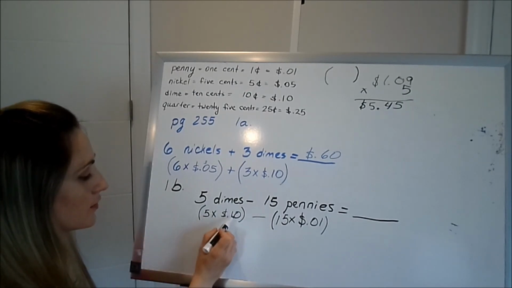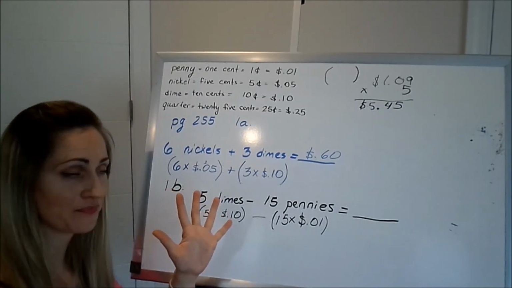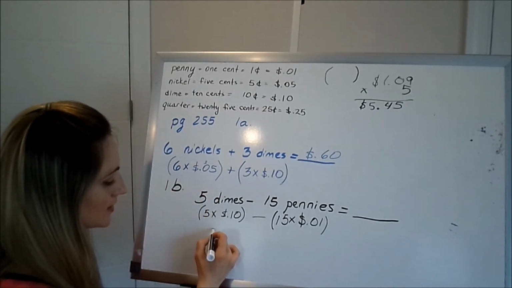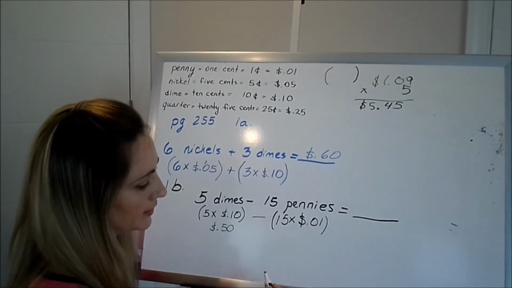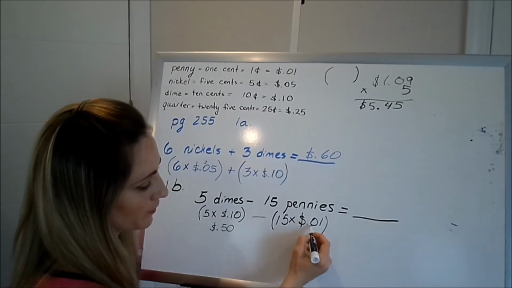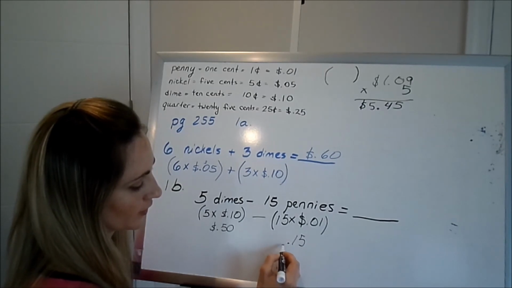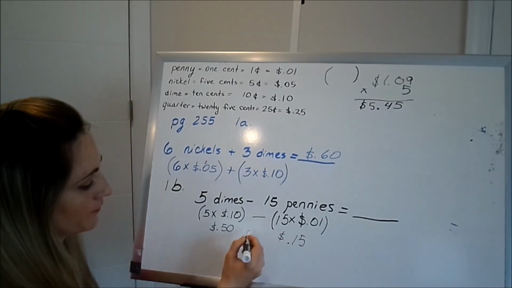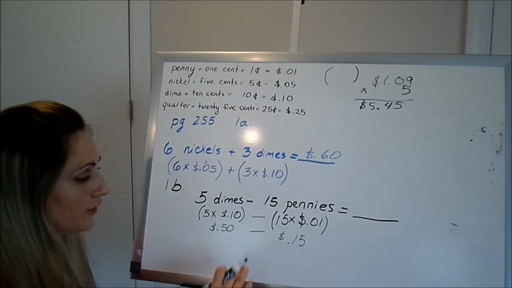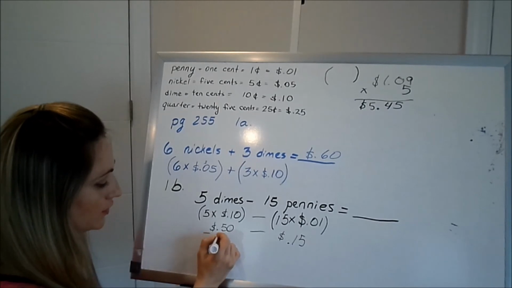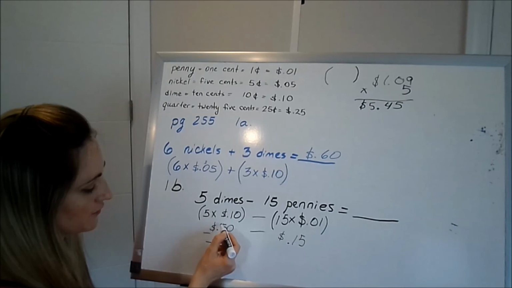So figure out 5 of the tens. 10, 10, 10, 10, 10. 5 of them. That's your 50 cents. That's super easy. And then 15 pennies. 15 times 1 is still 15. Decimal point, $ sign. Okay, so 50 minus 15. If you can't figure it out like this in your head, you could subtract it like this and put 0 minus 5.